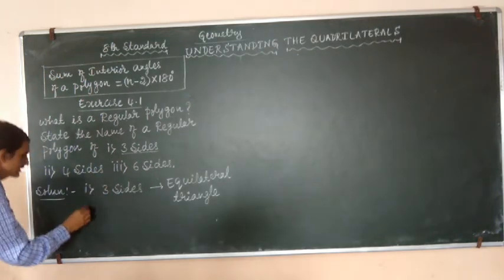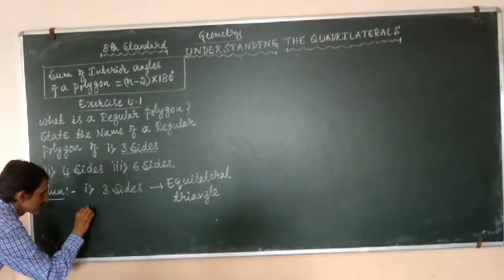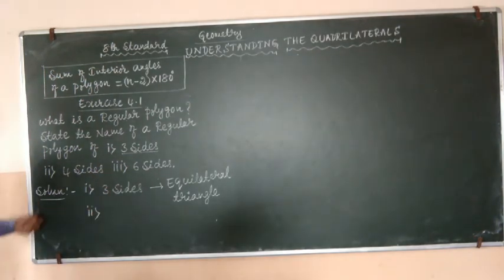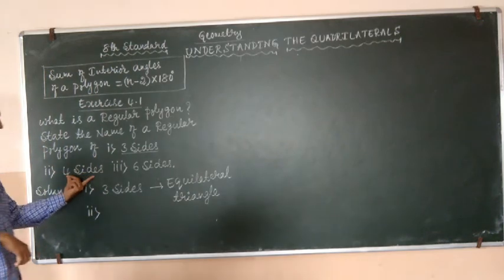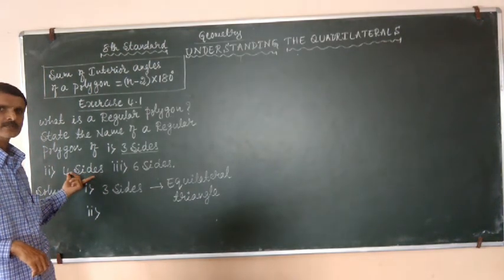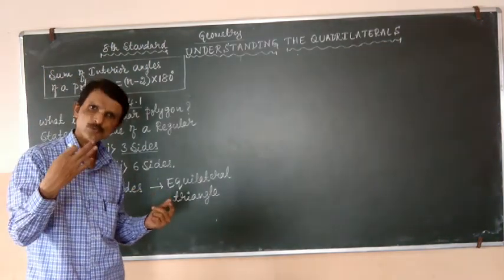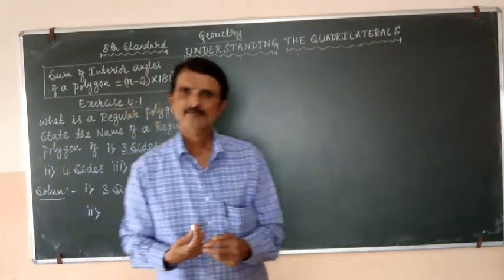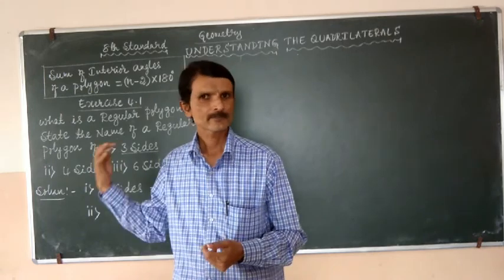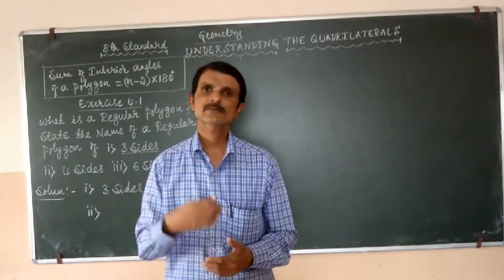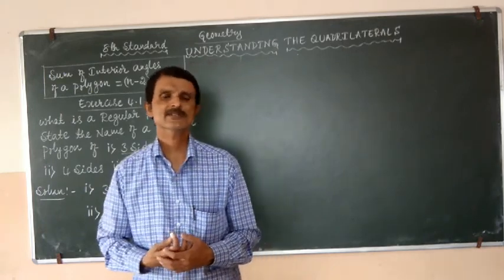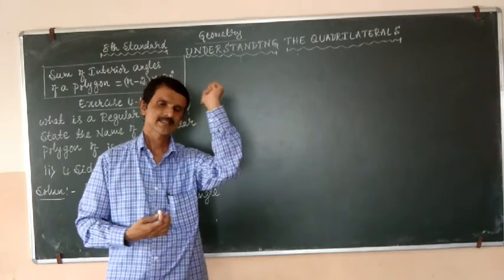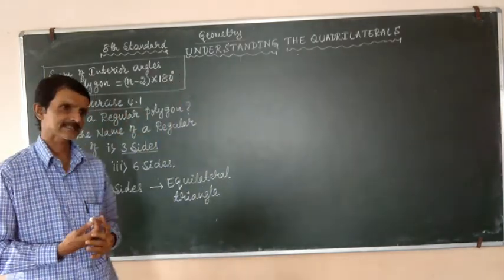So the next question is the second one. We have to name the regular polygon with 4 sides. Can you tell me the name of the polygon having 4 sides? Yes, it is a quadrilateral.